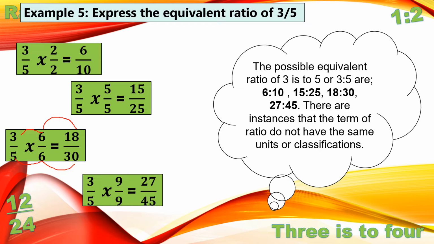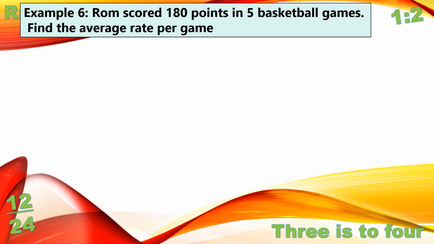There are instances that the terms of the ratio do not have the same units or classifications. Okay, example number 6. Rome scored 180 points in 5 basketball games. Find the average rate per game. So, ang hinahanap natin dito is the average rate per game.